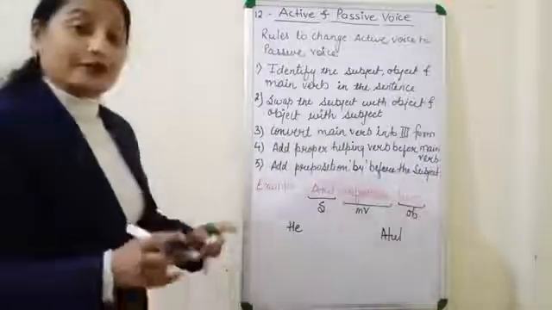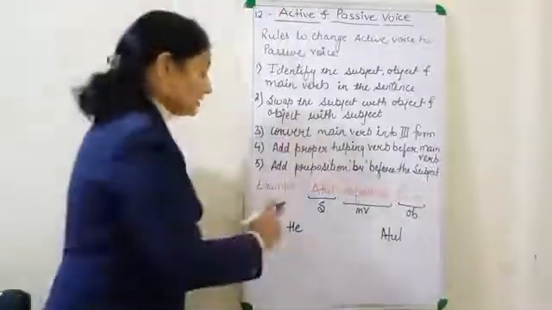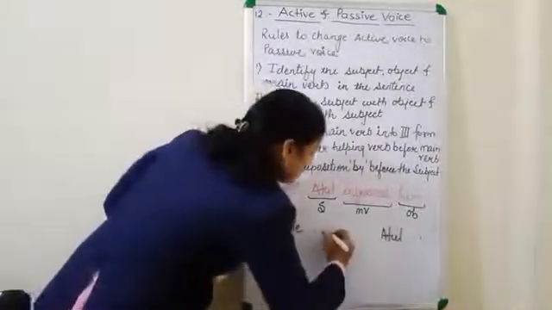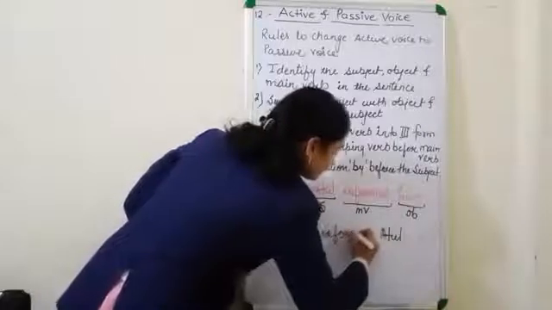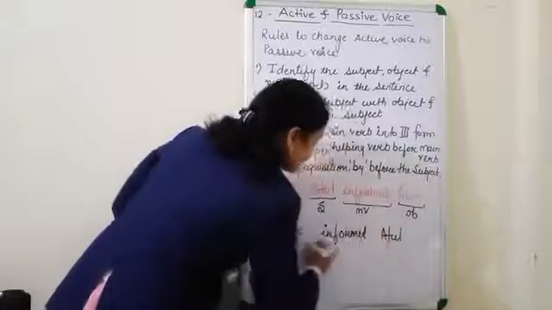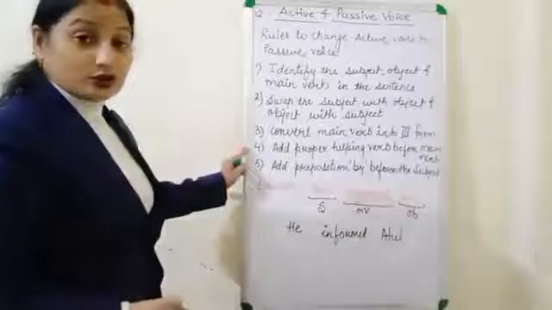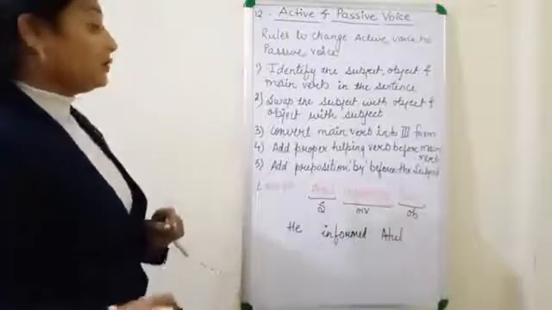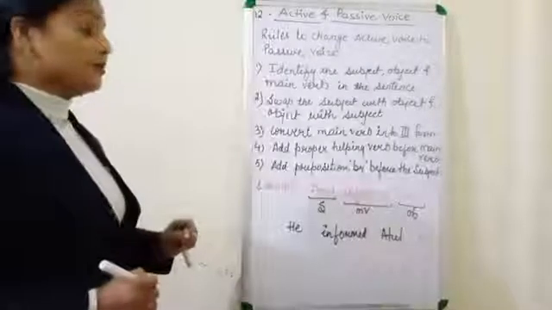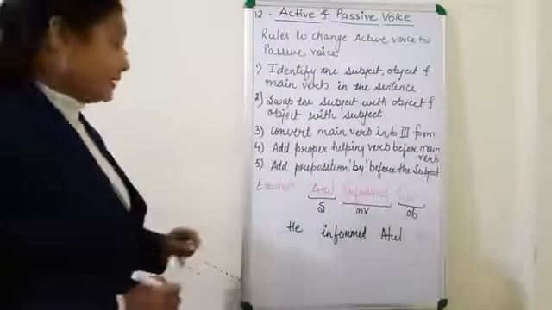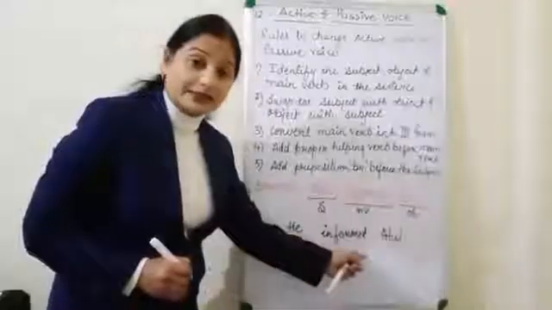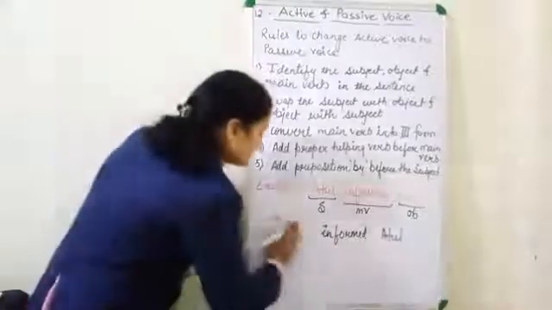So inform, informed and informed. So he informed Atul. Now as we are writing in the passive voice, go to rule number 4. Add proper helping verb before the main verb. Now as it is in the past tense, we'll use was.